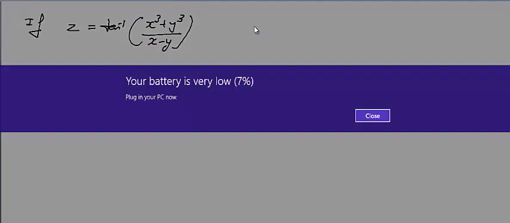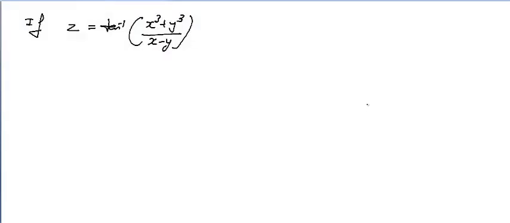See it. Next question, very interesting: if z is equal to tan inverse of (x cube plus y cube) over (x minus y), then show that x ∂z/∂x plus y ∂z/∂y is equal to sin 2z. If I solve this question directly, it will be very lengthy without using Euler theorem, but I will take the help of Euler theorem.